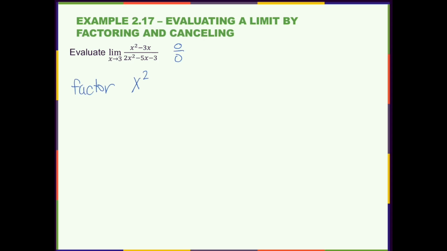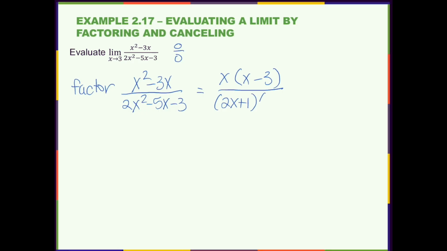Okay, and then if we factor x squared minus 3x over 2x squared minus 5x minus 3, we can pull out an x on the top, and that becomes x times x minus 3. And then in the denominator, we can factor it as 2x plus 1 times x minus 3.